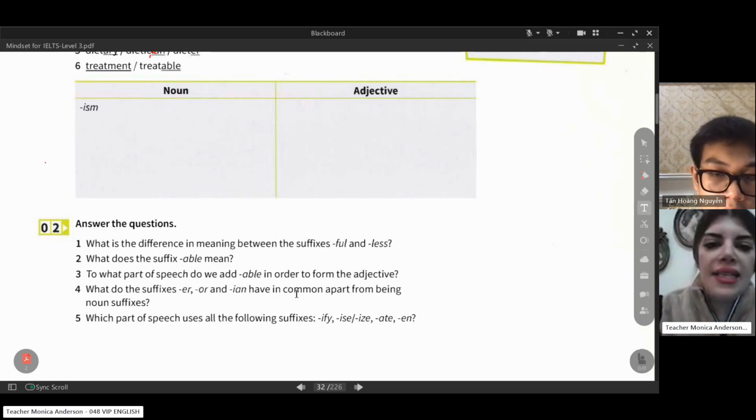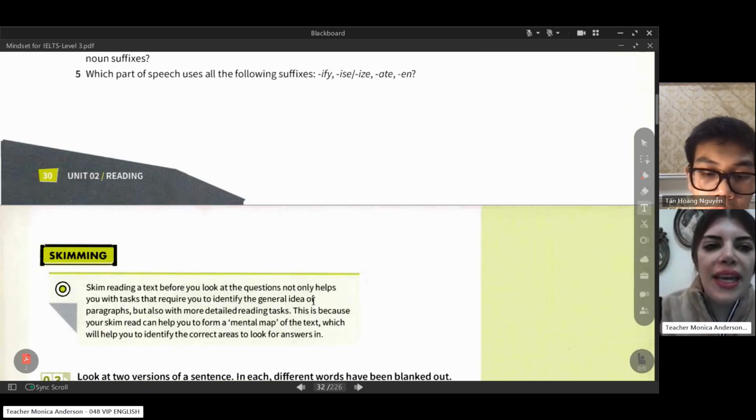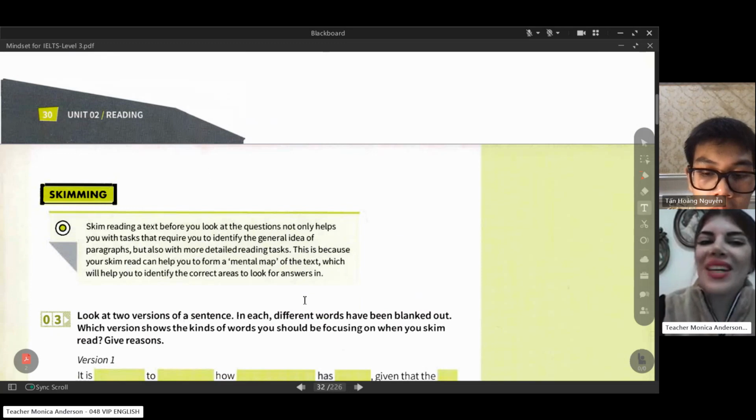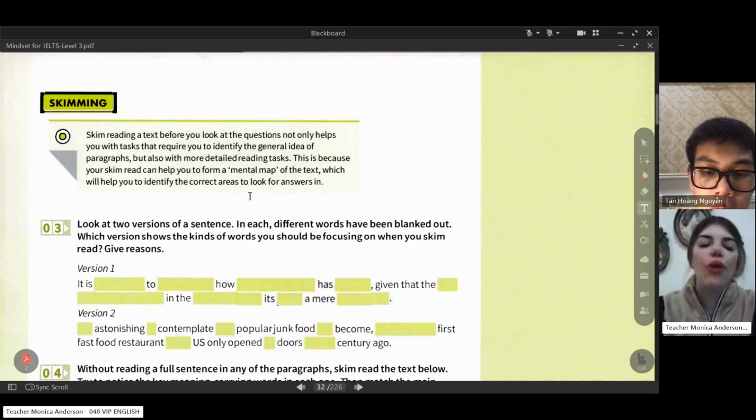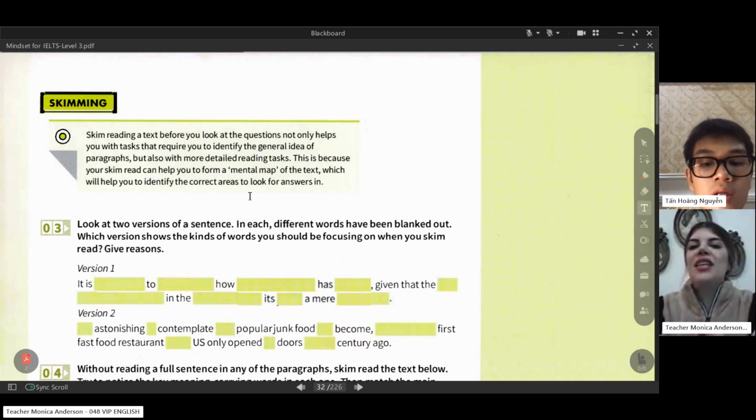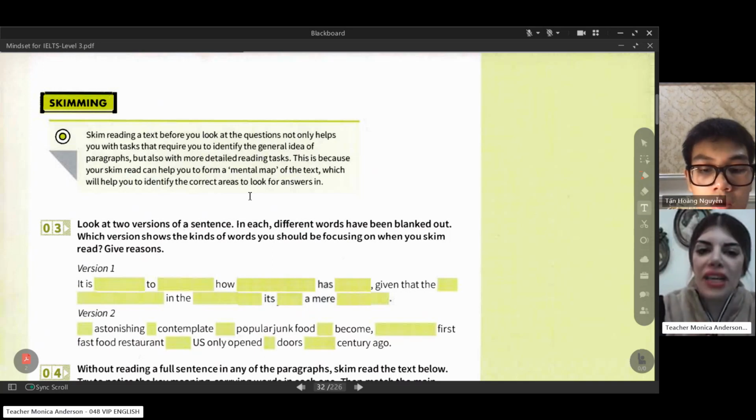And now let's keep going with our reading section. Skim reading, as we discussed before, is actually a method of reading. In skim reading, of course, you don't need to pay attention to details.